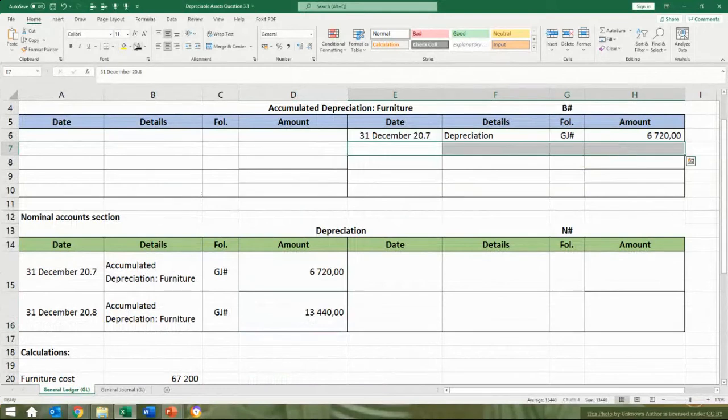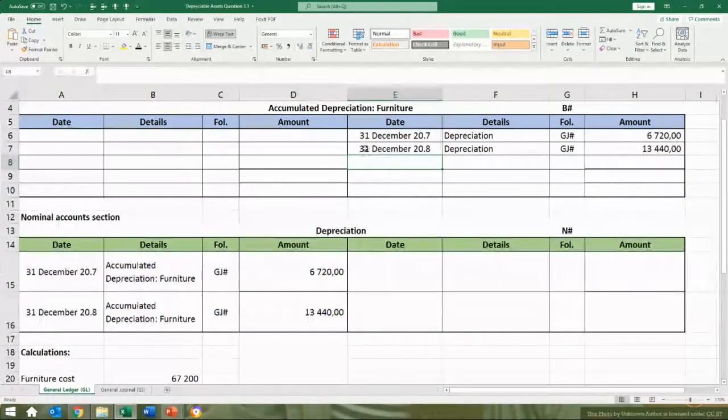And then my contra account is depreciation 13,440. But now remember, for the nominal account, if we think back to the first semester, at the end of the year we close off all expense accounts and all income accounts to our profit and loss account to make it a zero.